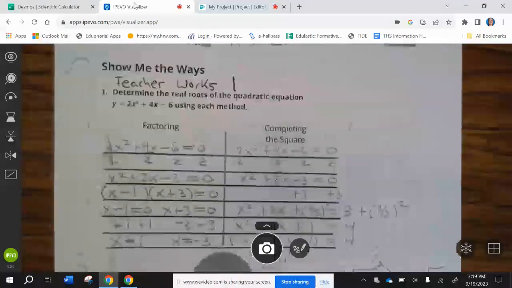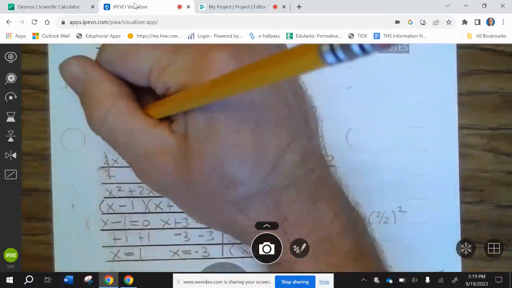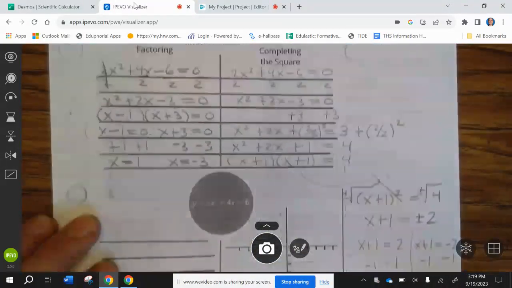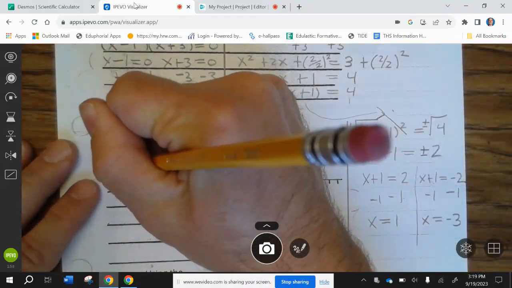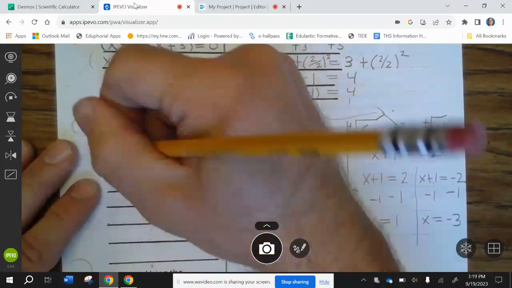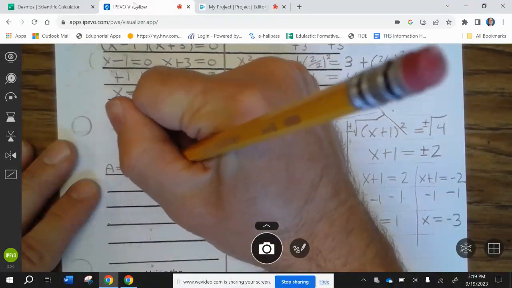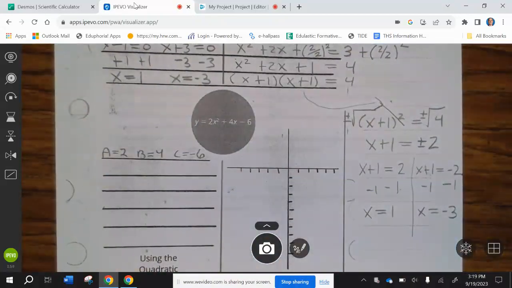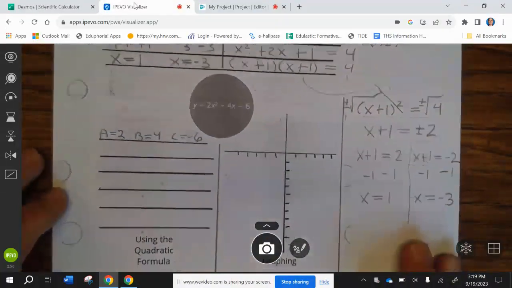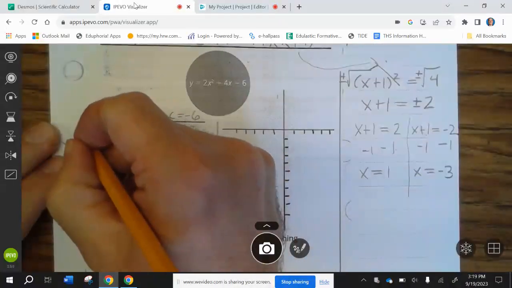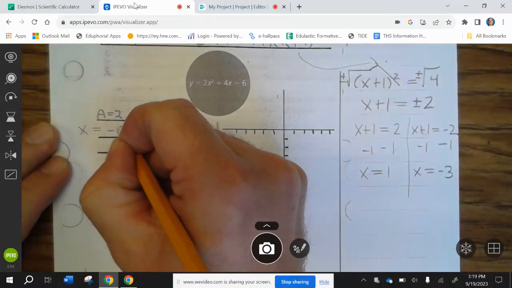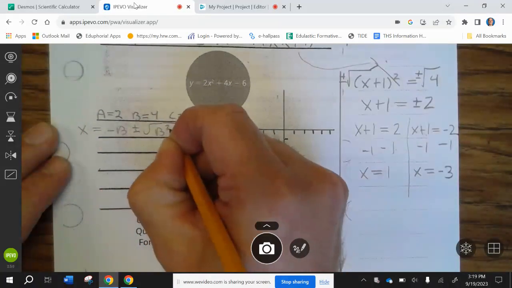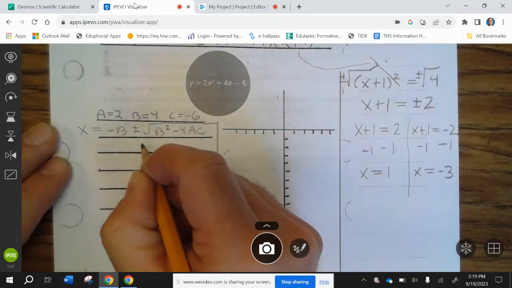Okay, now we're going to come back to here. This is your A value, this is your B value, this is your C value. So A equals 2, B equals 4, C equals negative 6. The quadratic formula says that x equals negative b plus or minus the square root of b squared minus 4ac, divided by 2a.